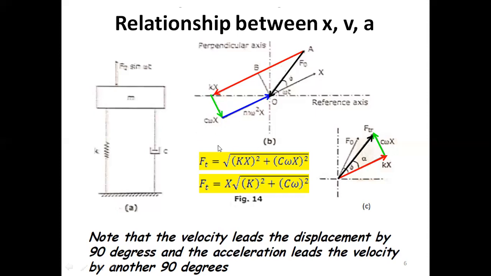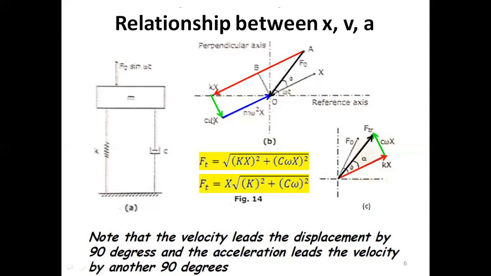So by graph we have the force vectors and the kinematic vectors. Here we are adding all of the forces in order to get the amplitude of the excitation force.